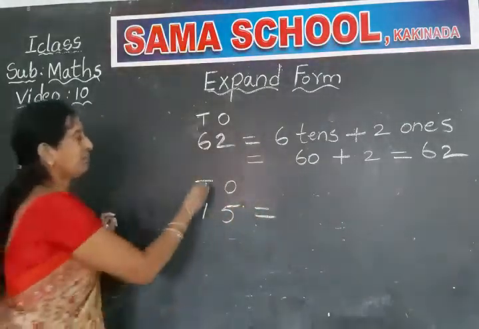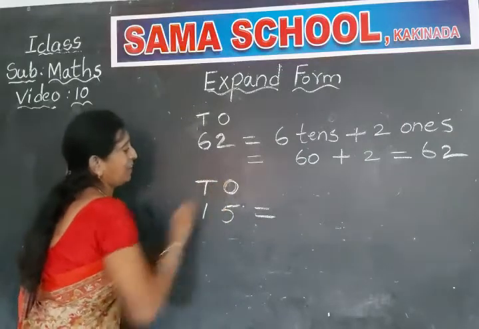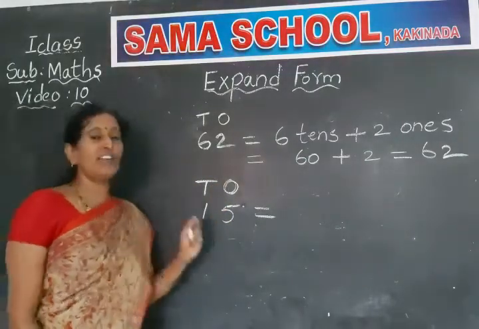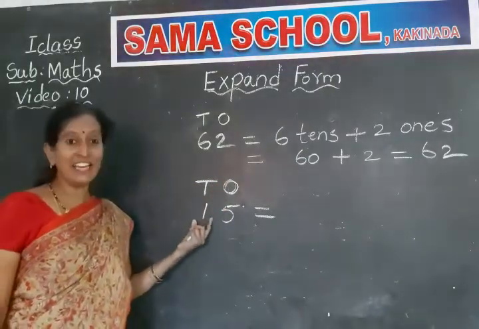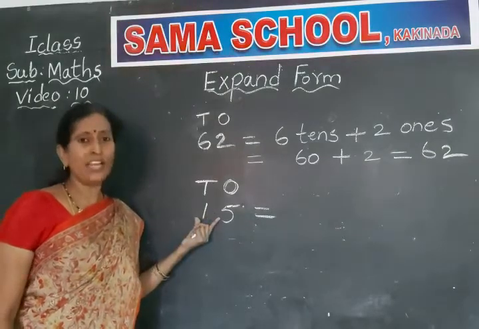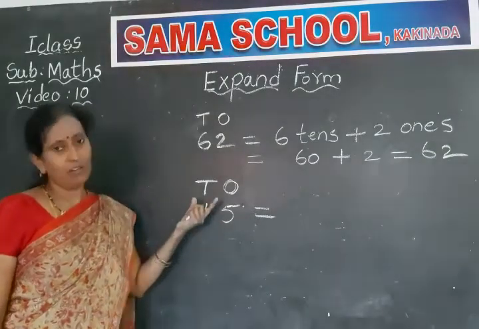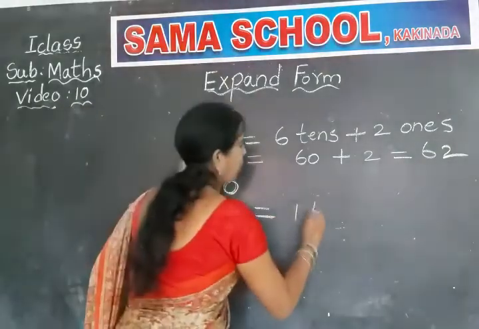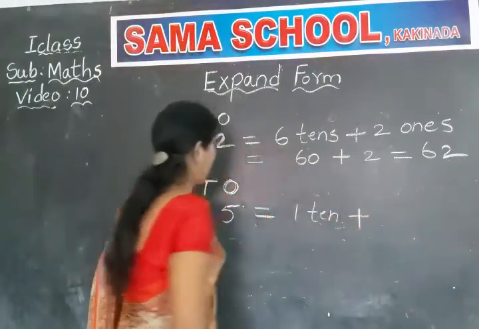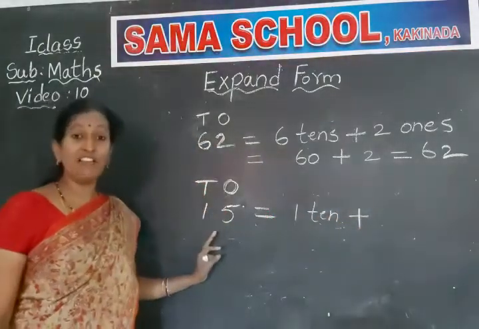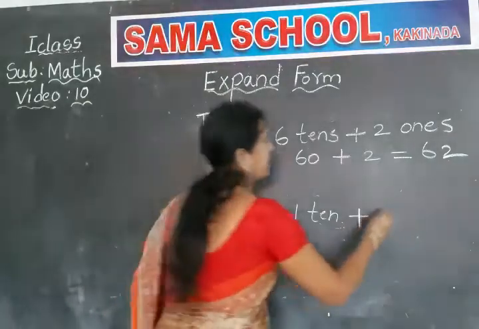Now say this is the tens place and this is the ones place. How many tens here in the tens place? Only 1 ten. So 10. Plus in the ones place how many ones? 5 ones.